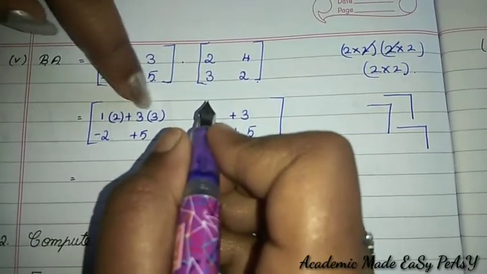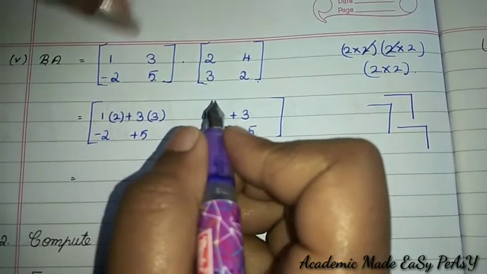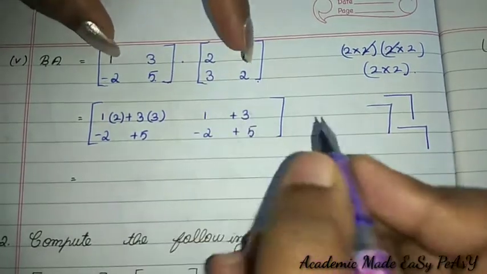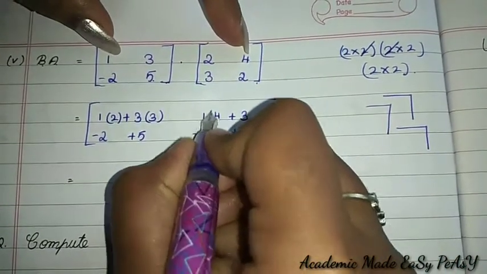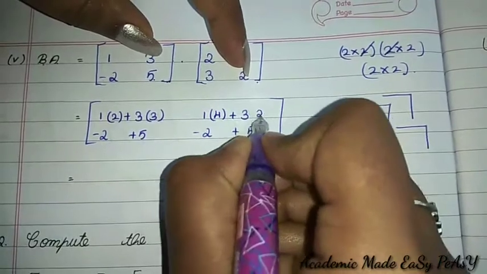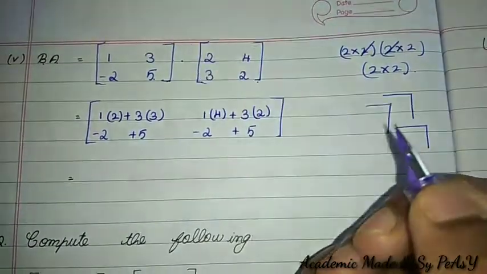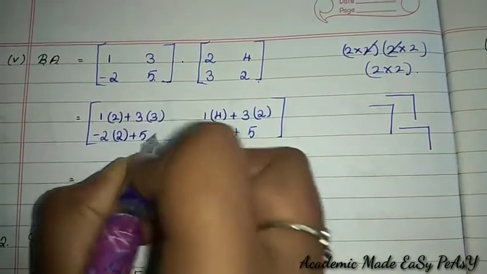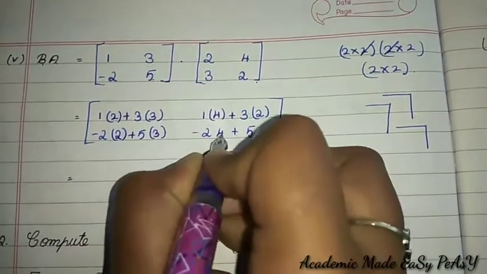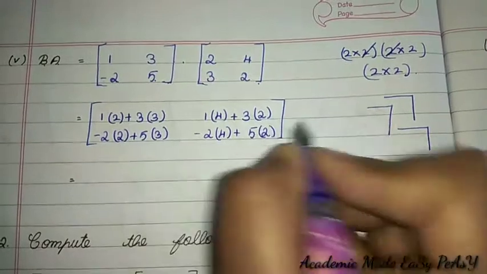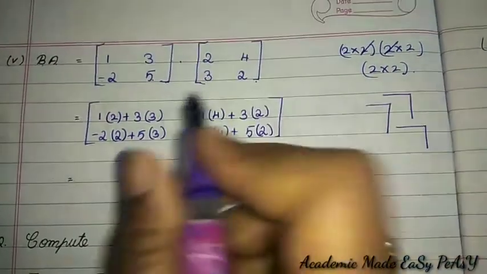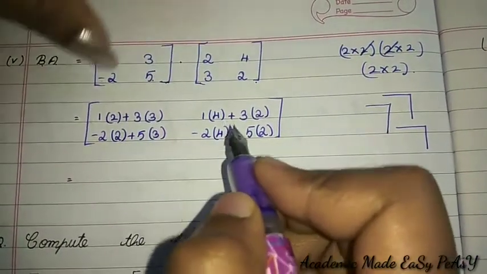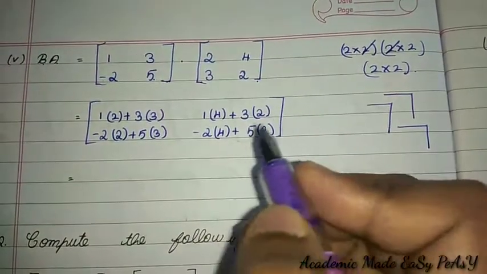Next, this row and column is over. So I will be going to the next column. So first element with first element, second element with second element. So now directly I can write for all these 2, 3, 4, 2. If it is in a correct order, you can just write it directly, or else you can see for each and every element.